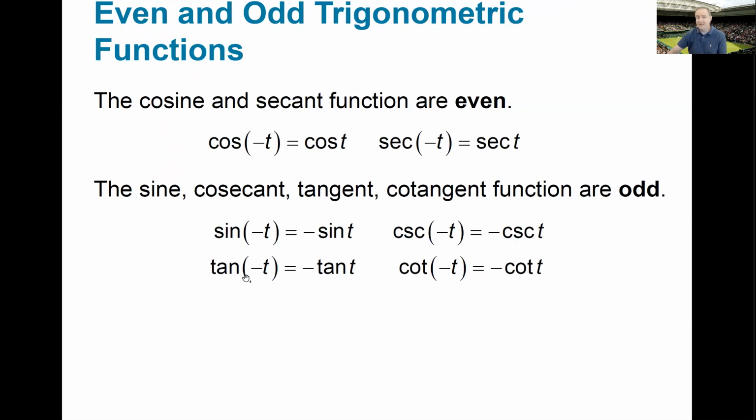It turns out that the tangent function and the cotangent function are also odd functions. If you change the sign of the angle within, then it's going to change the answer. And you can see that if I say tangent of pi over 4 and tangent of negative pi over 4, the tangent of pi over 4 is 1. The tangent of negative pi over 4 is negative 1 because your sine and cosine have opposite values there.